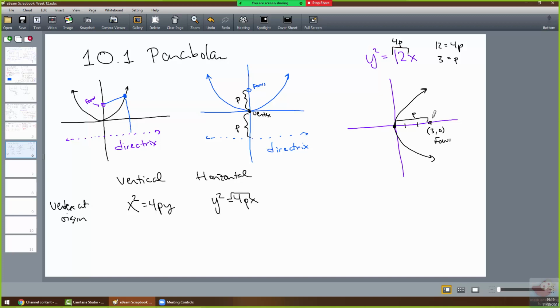The directrix is an imaginary line that never touches the parabola, and it's in the opposite direction of the focus. So for the focus, we went 3 units to the right, which means the directrix would be 3 units to the left.